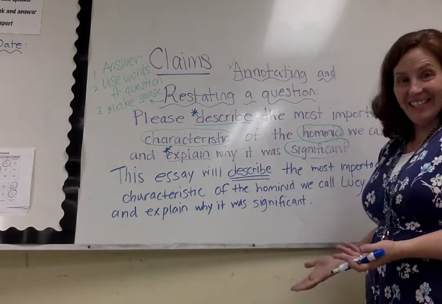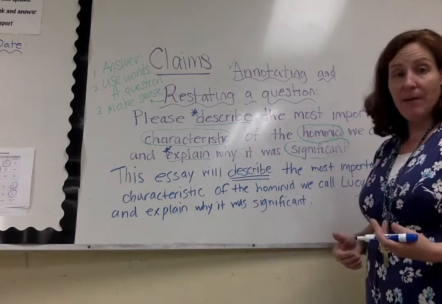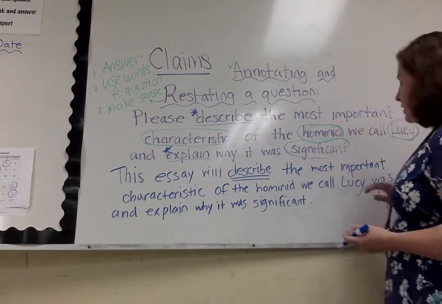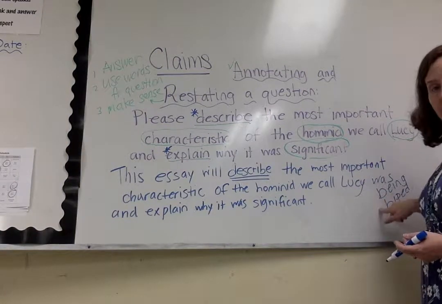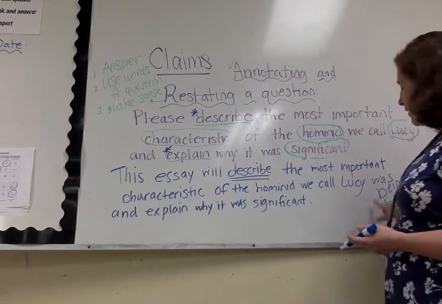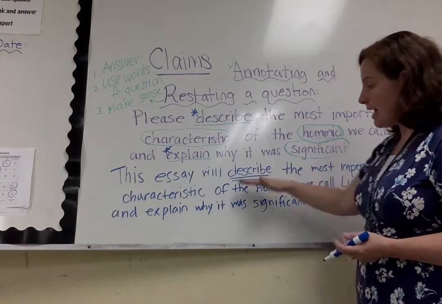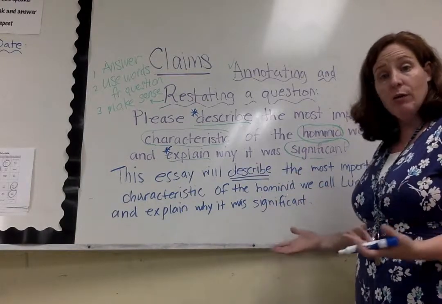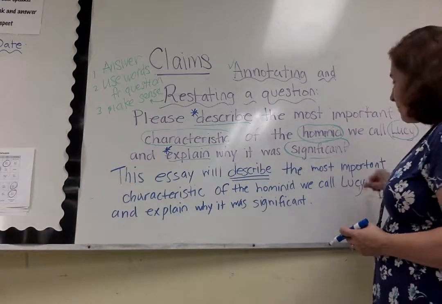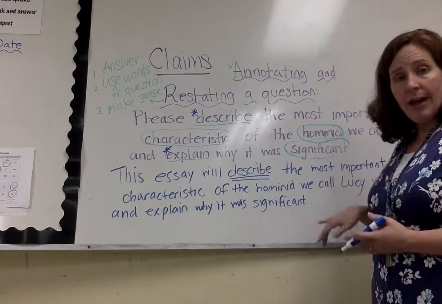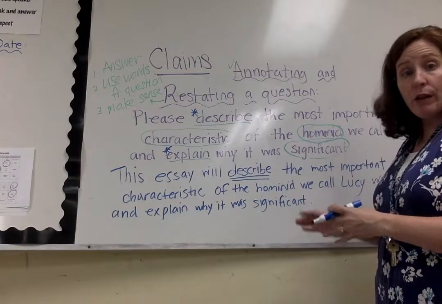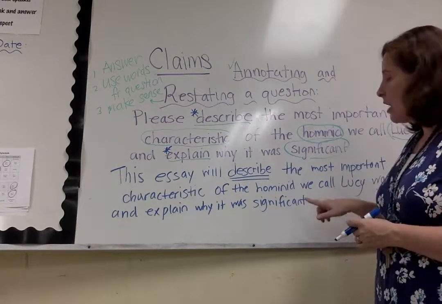That's the answer to the question. It's most important that she was biped. So in this case, the student has answered the question correctly in the claim. Now, if you didn't write that, but you still had an essay all about being a biped, I would know you knew the answer. But writing being biped in the claim is just fine if you want to get it right out there. You know the answer and you want me to know right away.